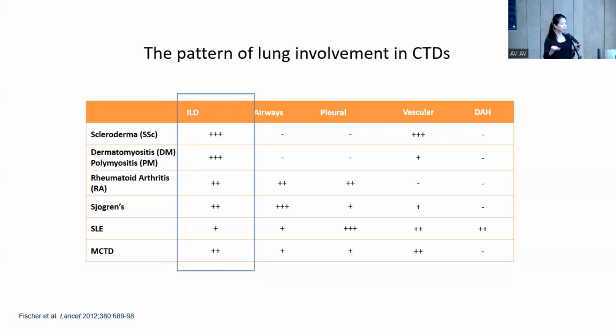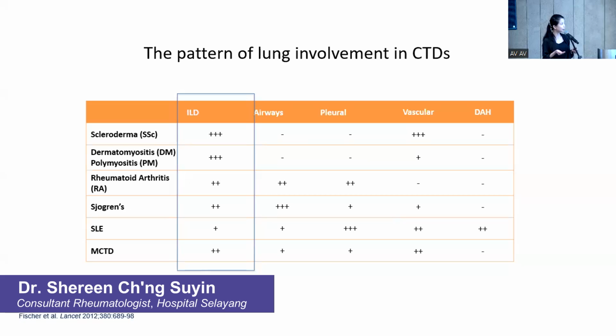Amongst all the CTDs, the CTD which is most commonly affected with interstitial lung disease is scleroderma, or systemic sclerosis. You heard Dr. Felix mentioning this condition. Scleroderma is a relatively rare CTD, but ILD is common in scleroderma. The other CTDs which commonly have ILD as a manifestation are dermatomyositis and polymyositis, which are inflammatory muscle conditions.